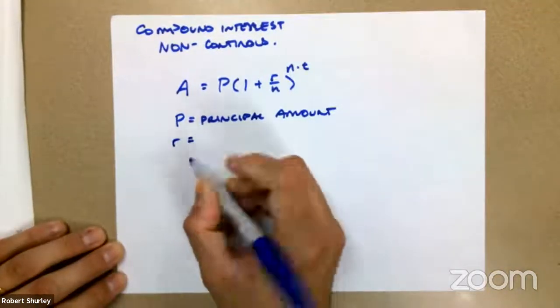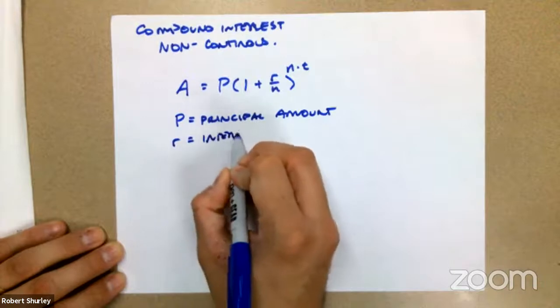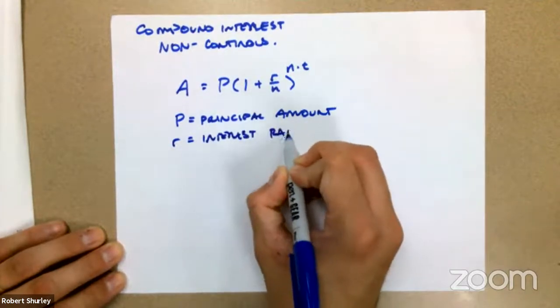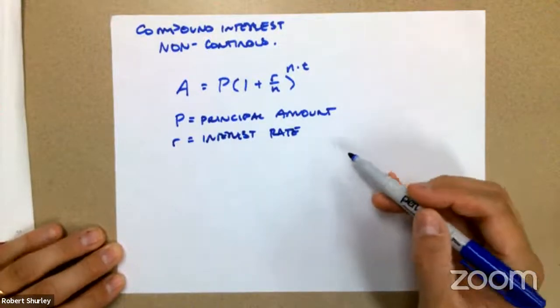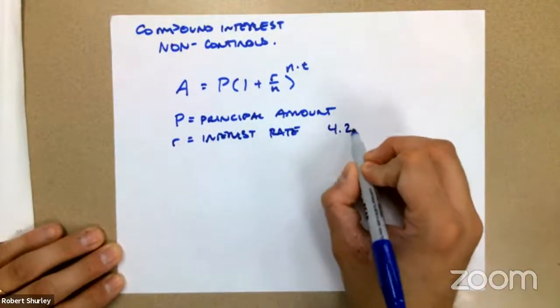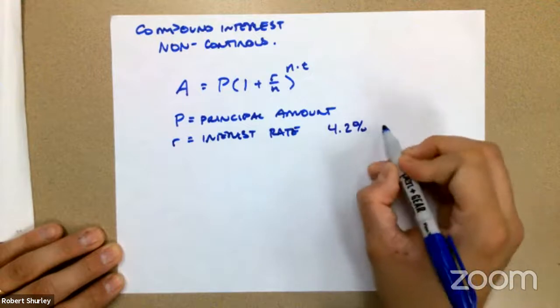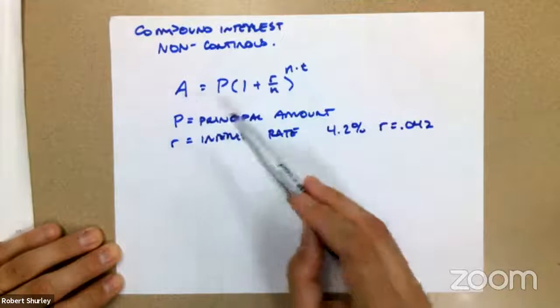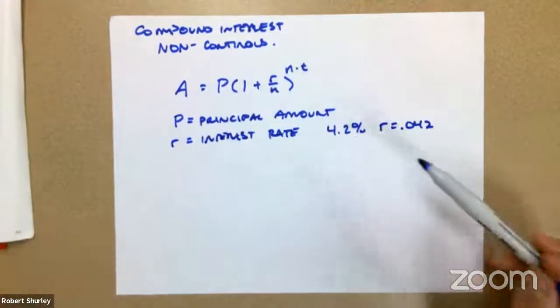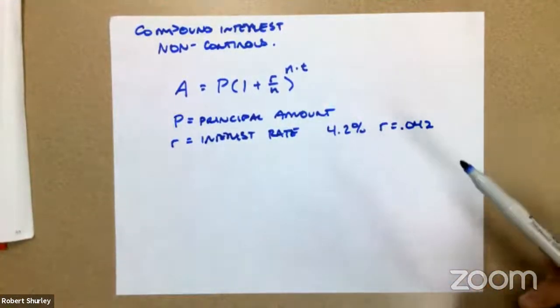So the rate, R, is the interest rate, and you've got to write it as a decimal. For example, if we had 4.2% interest, your rate is going to be 0.042. If you leave it as 4.20, the formula would read it as 420%.